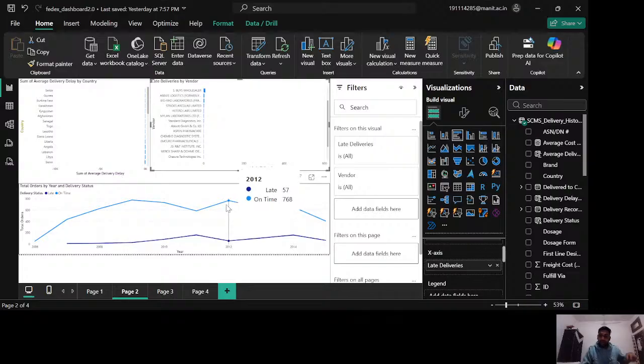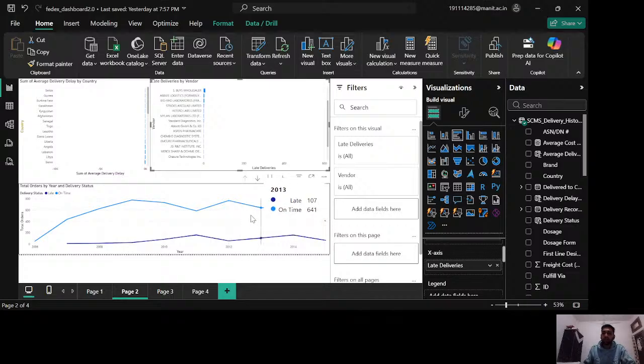And late deliveries decrease to 57 from 161, which is the highest, in 2011. Now it has decreased to 57 only. So we have a very large increase in on-time delivery percentage.